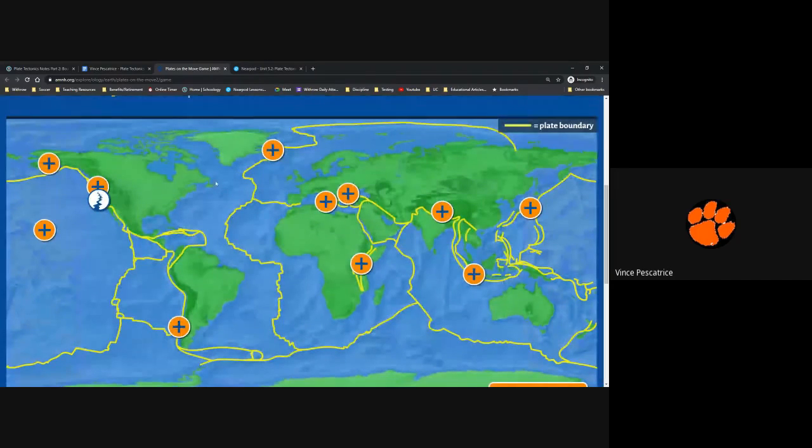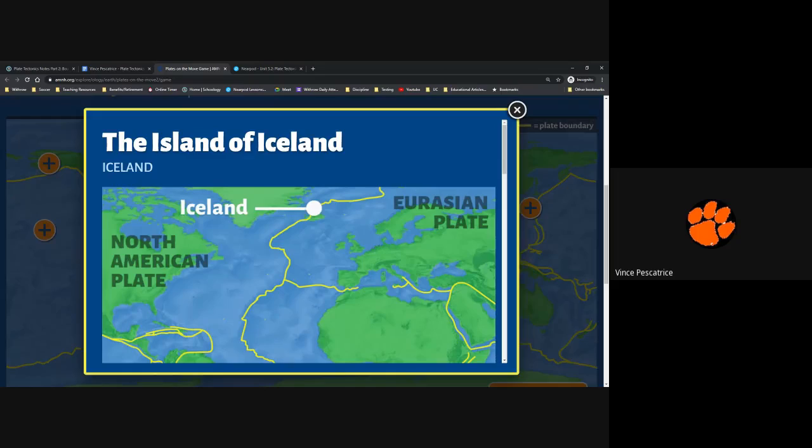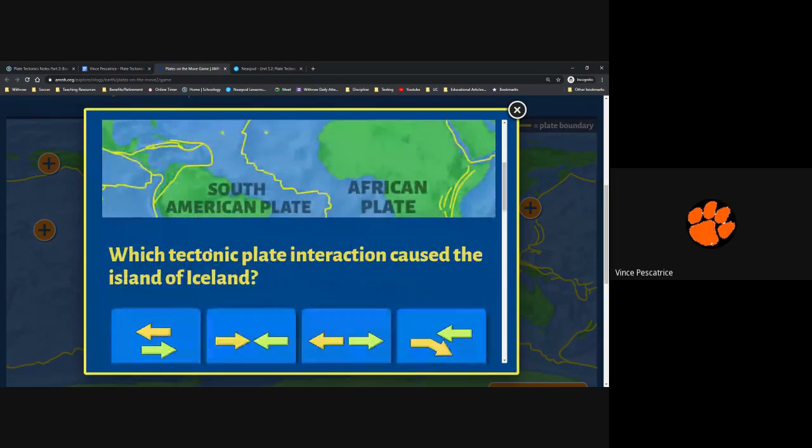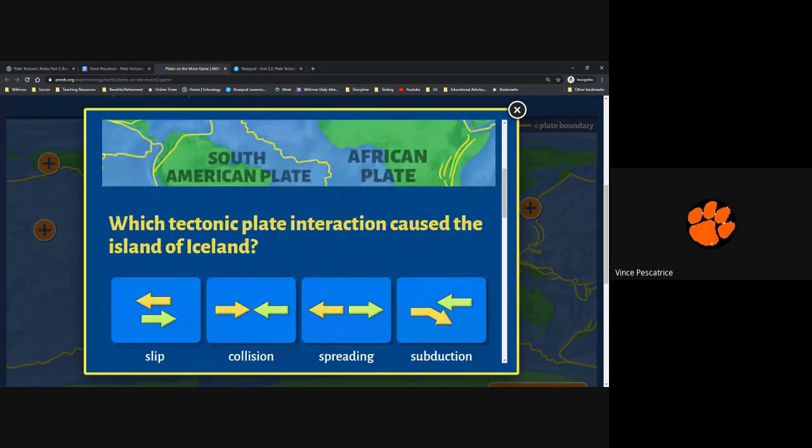Once you complete a target, it'll come up in blue. All right, so then if I want to do the next one, all right, Iceland, you can see that these plates are moving away from each other. So which activity is this? It's spreading, because the arrows are moving away from each other.